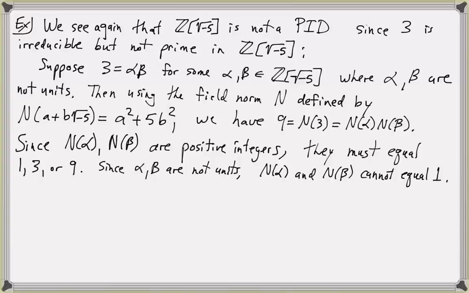So we showed earlier that the norms of units are either plus or minus 1. In this case, it would have to be 1.